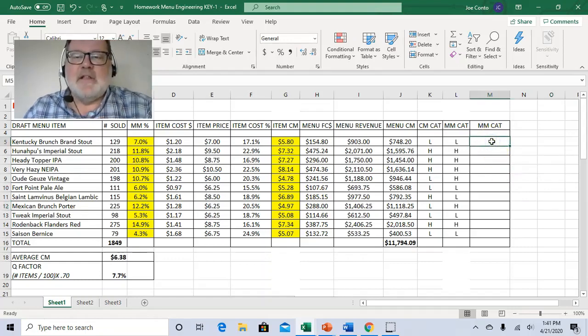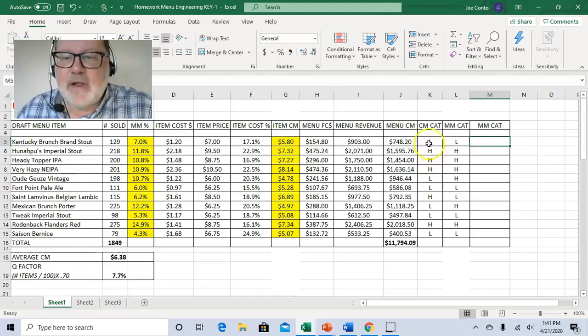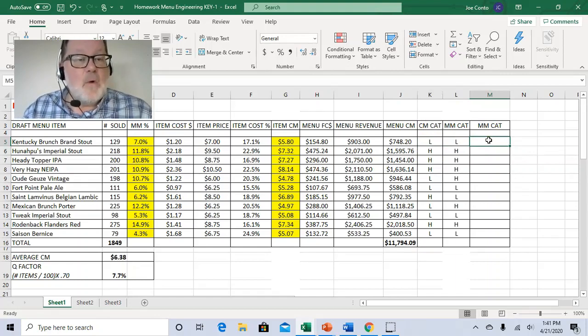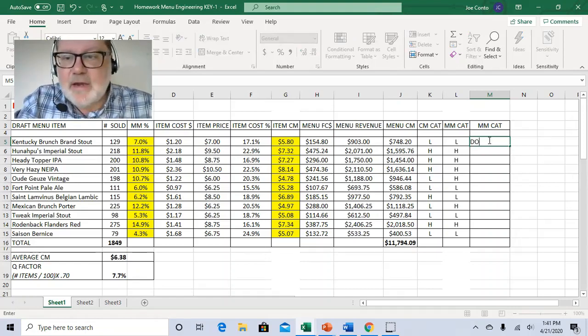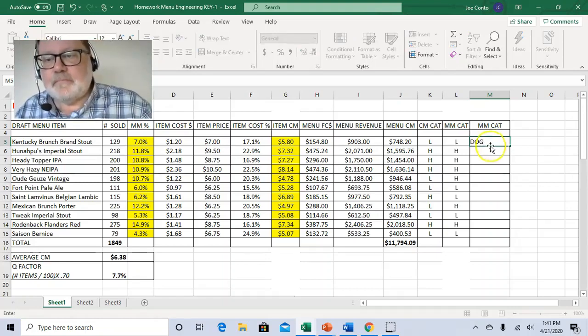If we have something that has a low, in this case, the stout has a low contribution margin and a low menu mix, meaning it's low in profitability and it's low in popularity. Not only does nobody purchases it, but also when somebody does purchase it, I don't make a lot of money. The margin between how much I charge for it and how much I paid for it is slim. So in this case, we call that a dog.